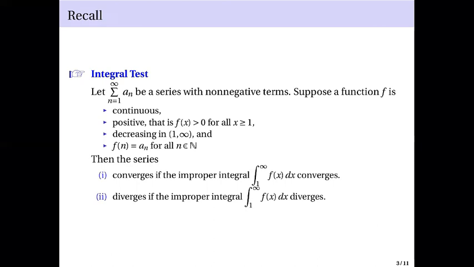Then the series is convergent if the improper integral of f of x dx from 1 to plus infinity is also convergent. And the series is divergent if the improper integral is divergent. Okay? So this is the integral test.